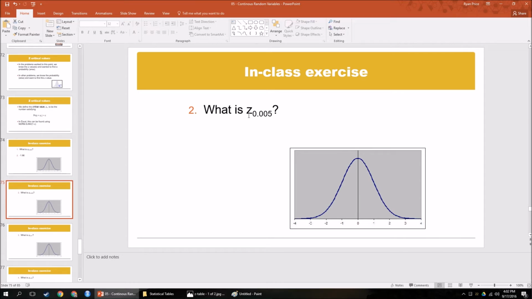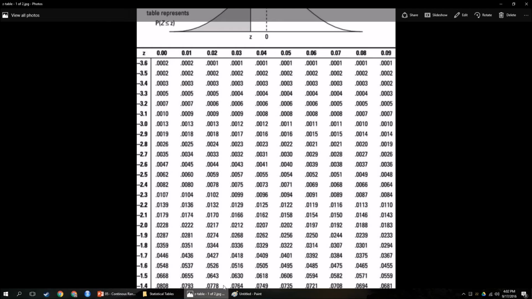What about 0.005, right? So let's go back to our table and find where 0.005 is, and that is 54, 52, 51. So we can see that there's a 0.0049 and a 0.0051, so it must be somewhere equally in the middle of these two. For calculations, I don't care.